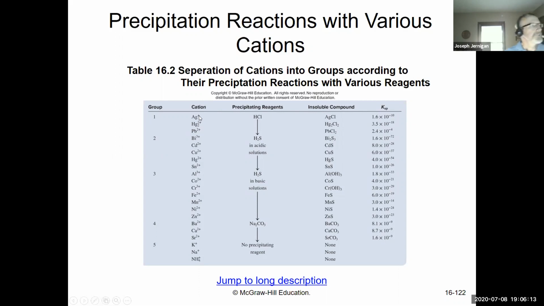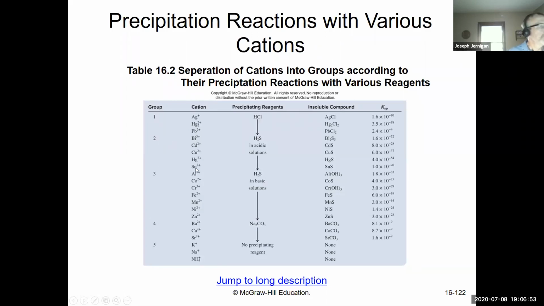If you have all of these ions together, you would go through a process of selectively removing them by controlling the precipitation reagent and filtering them to quantify them. You would first remove group 1 using HCl, because it creates insoluble products for the group 1 cations, and they fall out. You can precipitate them out and then filter them.